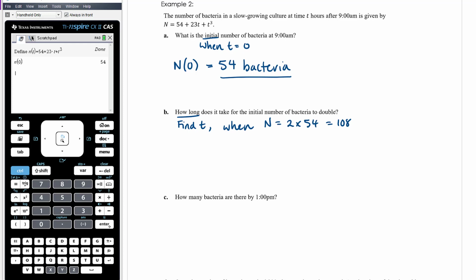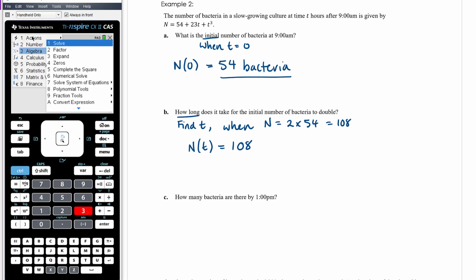So this is going to require us to solve an equation, and therefore we must write down an equation. Now, we could write out 108 equals 54 plus 23t plus t cubed, but we can also just make use of the function notation. This function's n of t, so what we're looking at here is solving n of t equal to 108. That's all we need to write down, the equation, and we can write it using the function notation. We don't need to write it out, but you must write that. This would be worth 2 marks, okay?